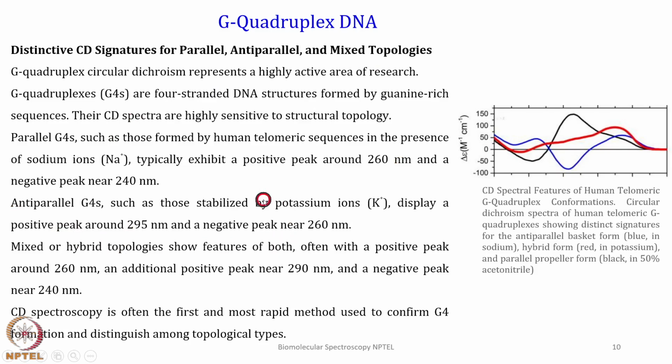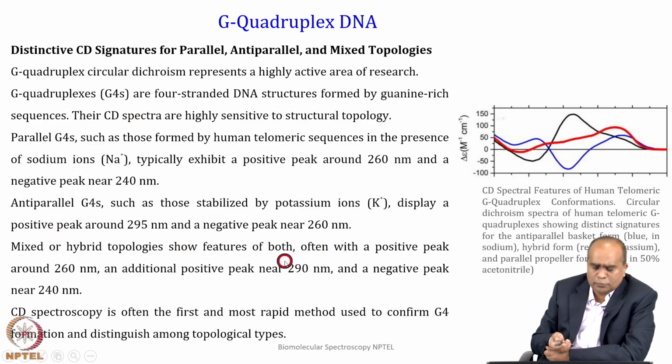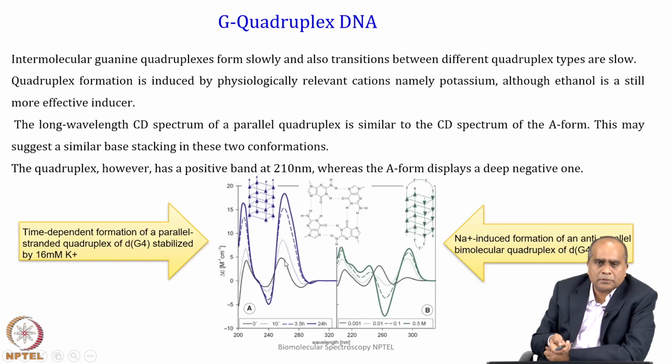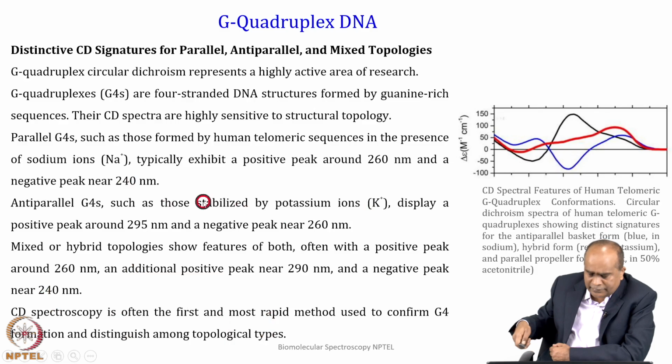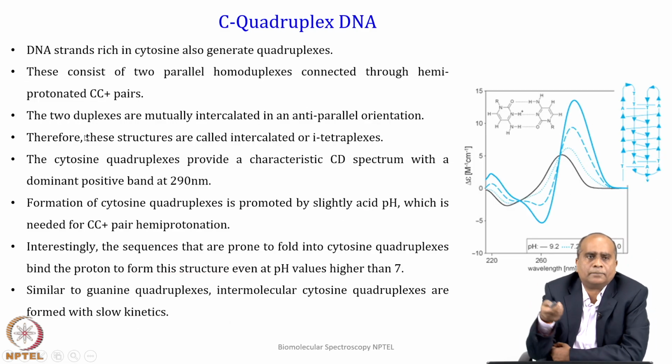Anti-parallel G4, like a G tetrad stabilized by potassium ion, displays a positive band at 295 and negative at 260, right, just now we saw it here, and mixed or hybrid topology shows features of both. So, one can have both features here. CD is often the first and most rapid method to confirm whether the G tetrad or G-quadruplex is present among different topological arrangements or not.